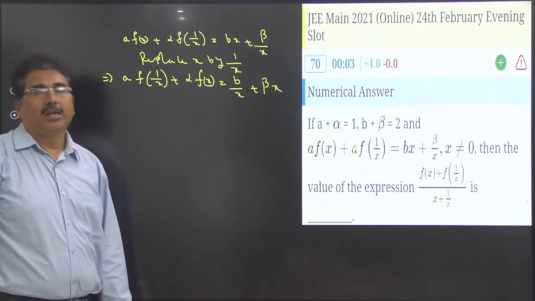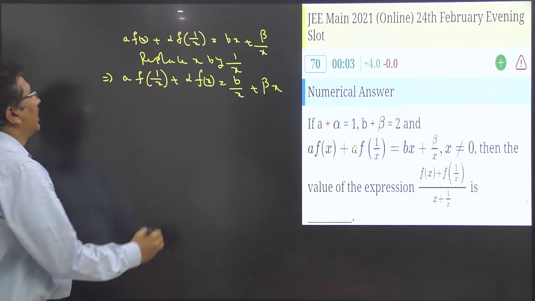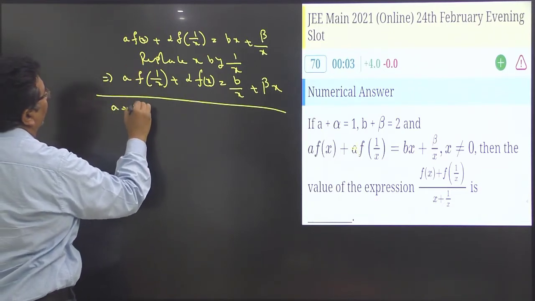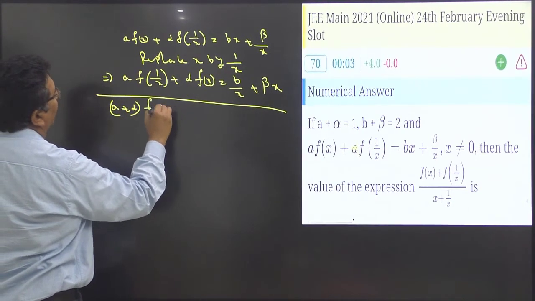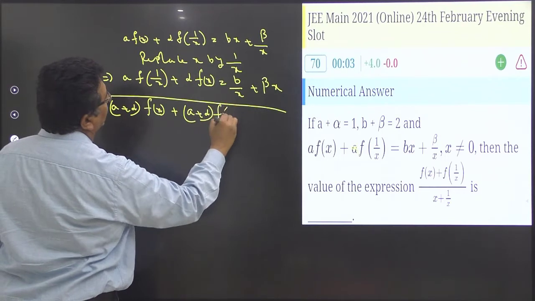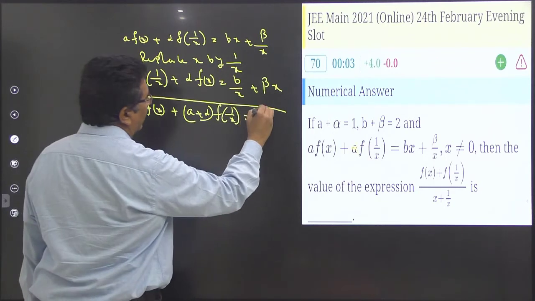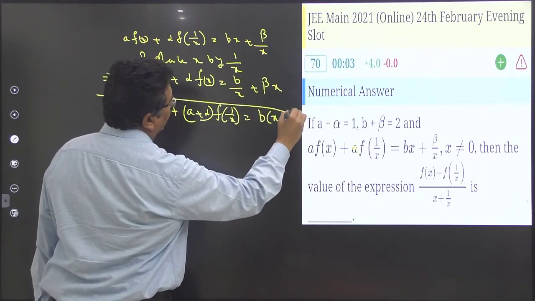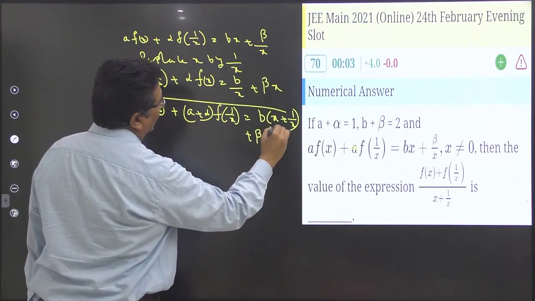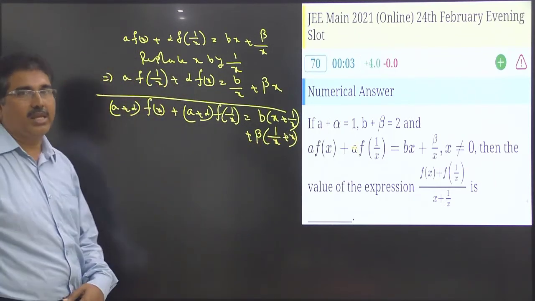Now adding these two expressions, we get (a + alpha)·f(x) + (a + alpha)·f(1/x) = b·(x + 1/x) + beta·(1/x + x).